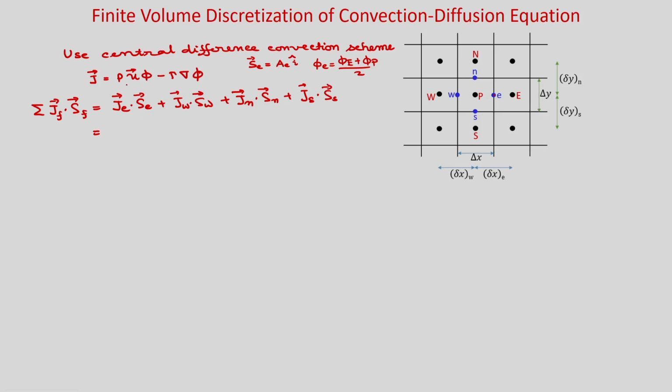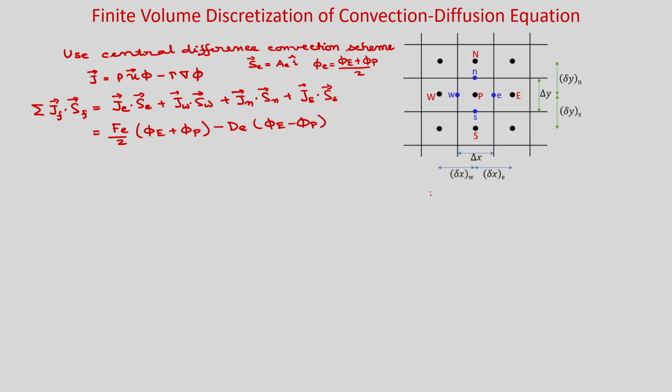So, that if you put, then you will get F_e by 2 (phi_E plus phi_P), this is your convection term, and the diffusion term you will get minus D_e (phi_E minus phi_P). Okay.